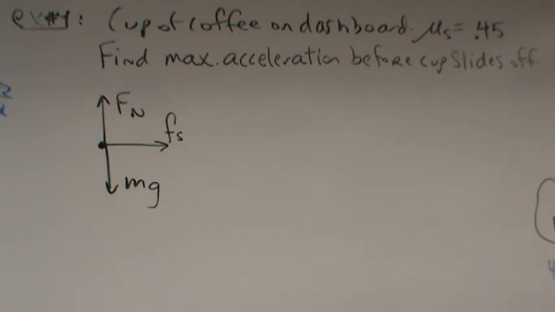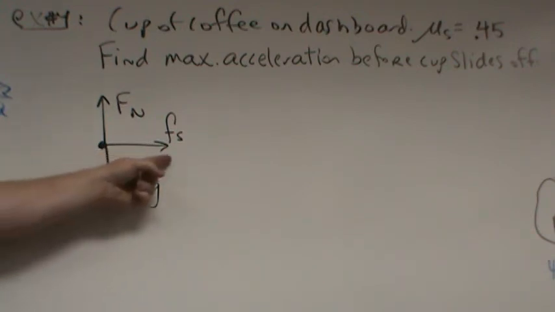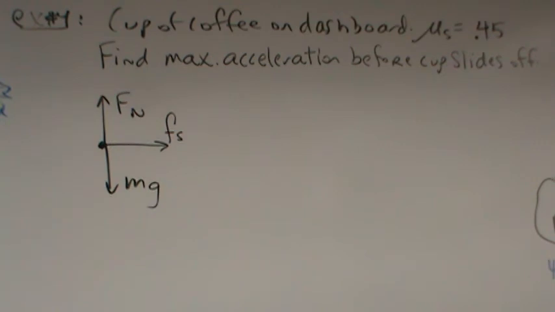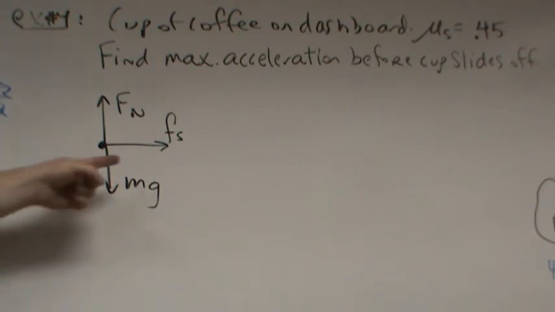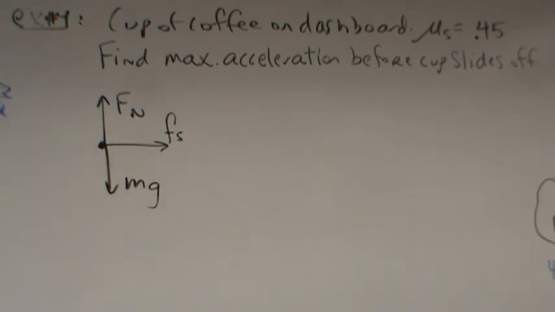Tell me, what force is making that cup accelerate forward? Friction. Yeah, friction, right? That's the only force acting on the cup. There's not a little man pushing the cup. There's not a rope tied to the cup. The only force acting on that cup horizontally is friction force, and that friction force is making it accelerate.